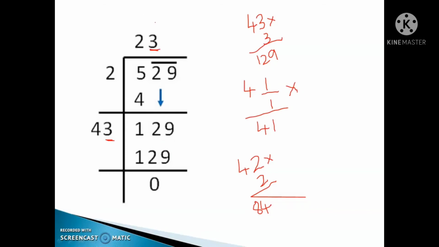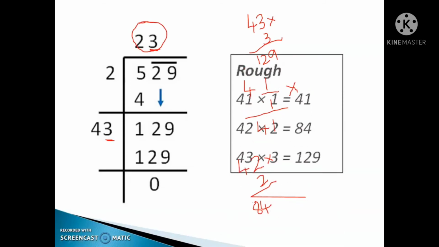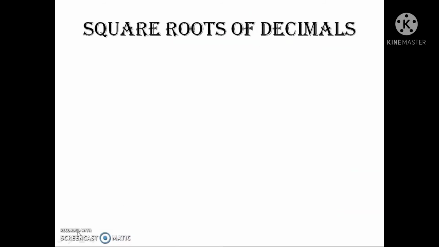So the square root is 23. This is the box, whatever I showed you writing here is there in this box. Clear? So the square root of 529 is 23.